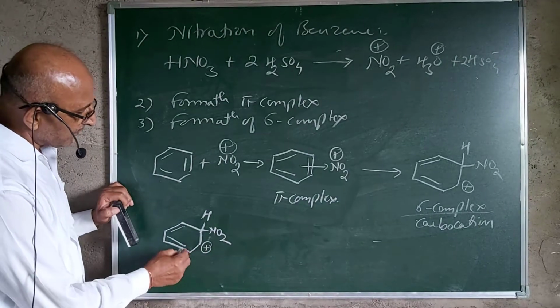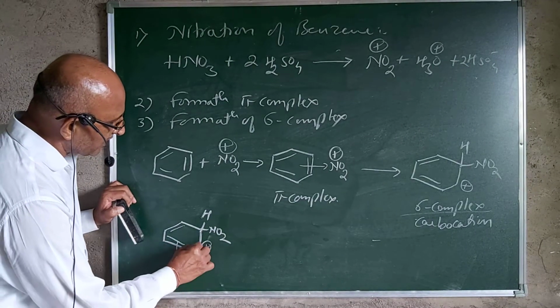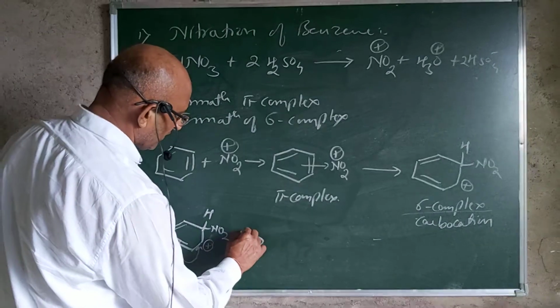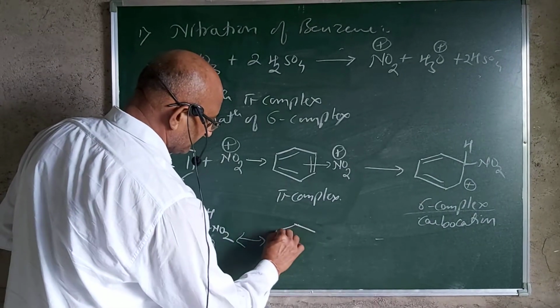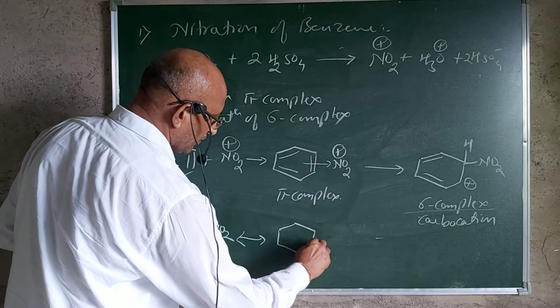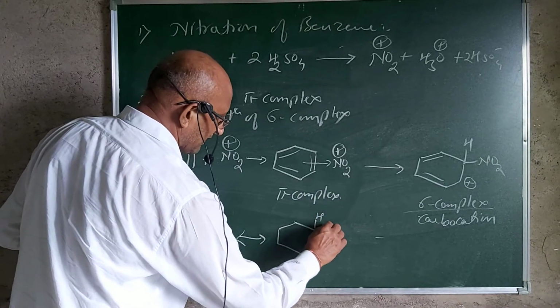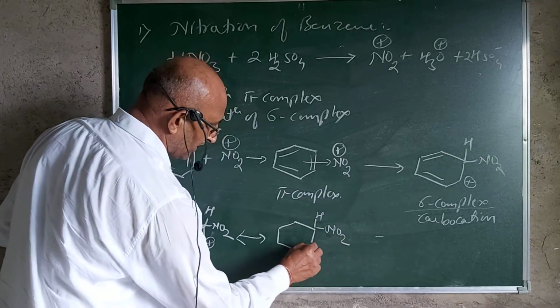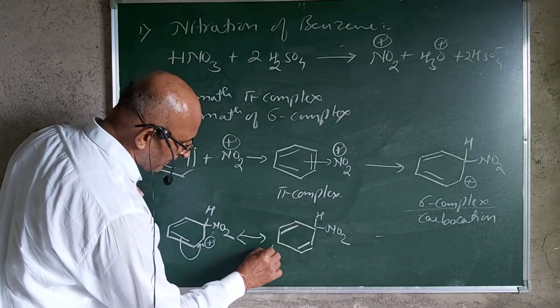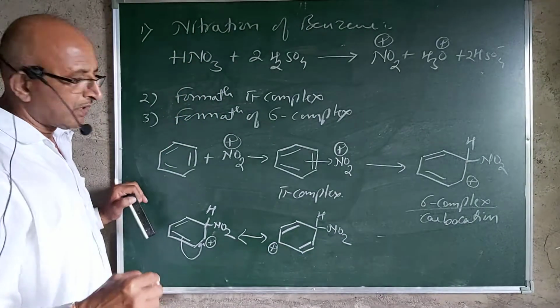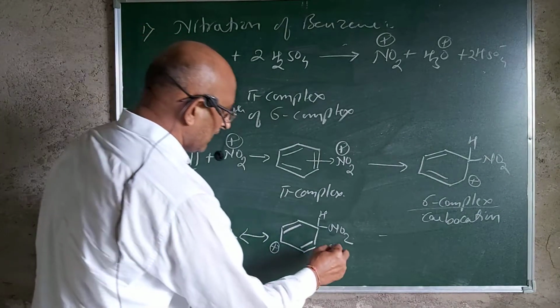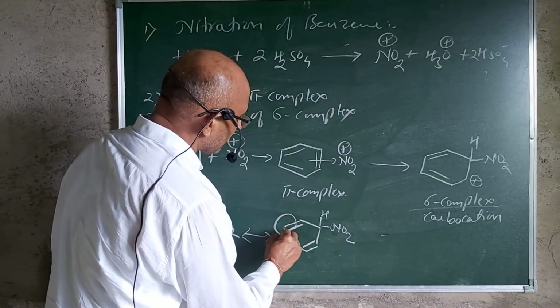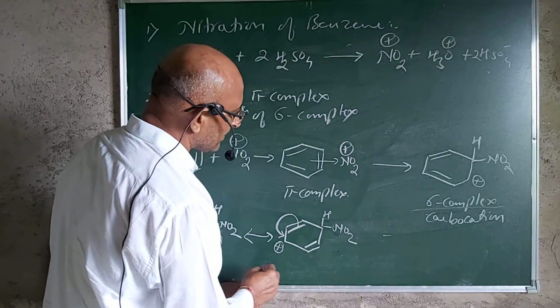This is the ortho position. And so when this electron pair is donated here, you will get the formation of a resonating structure. So it goes to exactly the para position of the nitro group. And then again these pi electrons are given to this positive charge.